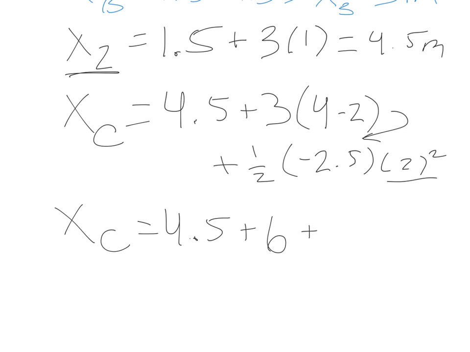Half of 10 is 5, and oops, it's negative. So that's going to be negative 5. And so x of C is 6 minus 5, which is 1. 1 plus 4.5 is 5.5 meters.